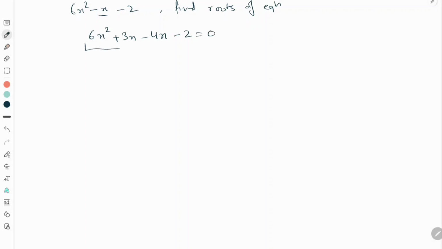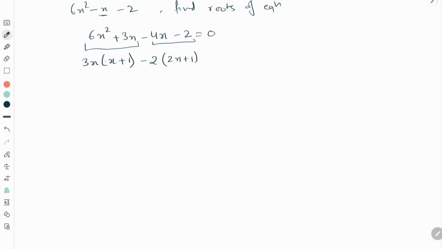In this way, if you find the common factor between the first two terms, you can take out 3x and in the bracket we will have x + 1. Similarly, between the other two terms you can take 2 as common and in the bracket you will get 2x + 1.